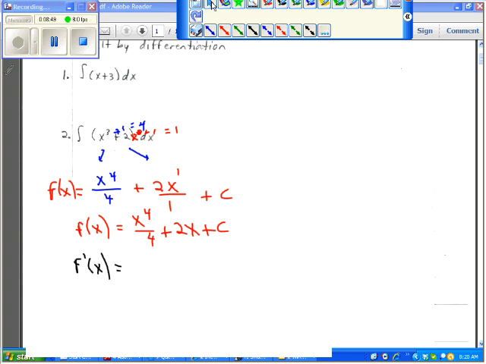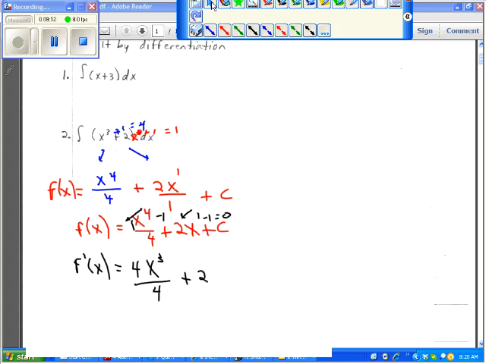To take the derivative, we're going to multiply the exponent times the coefficient, which will give us 4. We're going to subtract 1 from the exponent, which gives us 3. We're going to take the exponent times the coefficient 2. Reduce the exponent by 1, which gives us an exponent of 0.